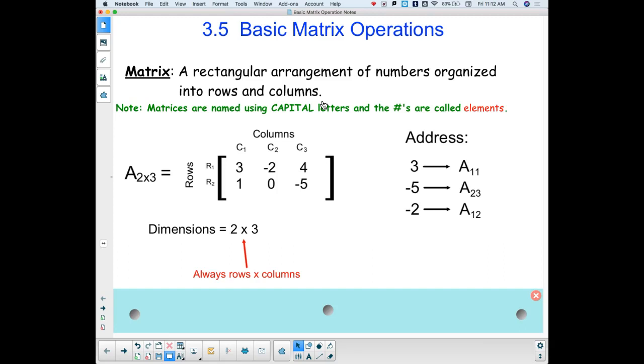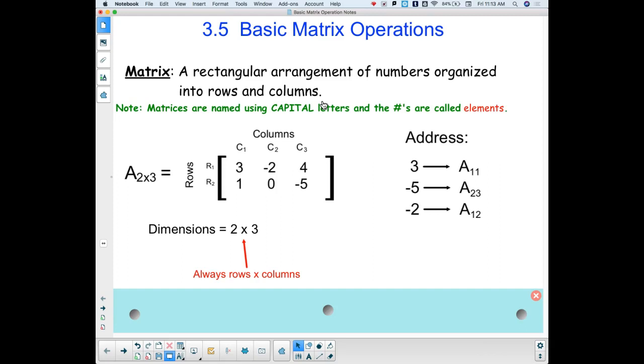Everything that you need to know about matrices is rows by columns. Addresses are given rows by columns. Size is rows by columns. When we get to multiplying matrices next week, Wednesday, we'll be talking about rows by columns and how we have to do that. Everything deals with rows by columns.